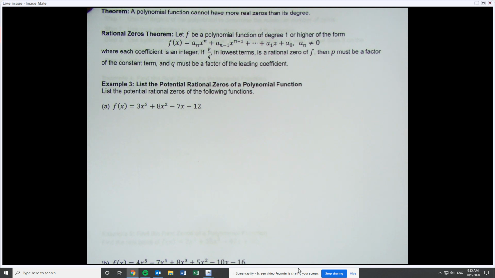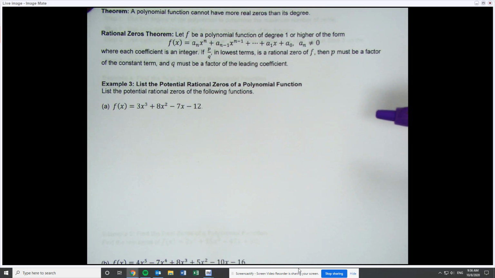Now, the rational zeros theorem basically in a nutshell says that if your polynomial has a zero that is rational, which means that it could be a fraction, could be a whole number, could be a negative, as long as it can be written as a fraction or a whole number, positive or negative, it will guarantee to be of a certain shape.